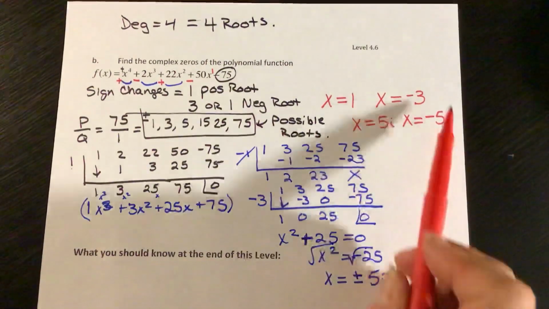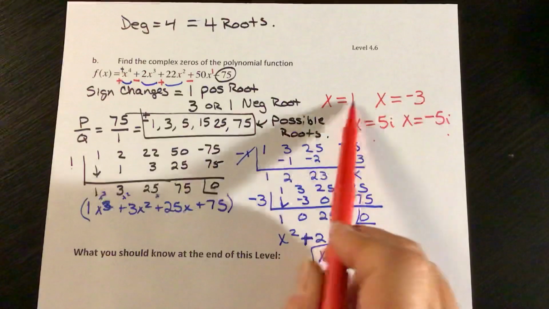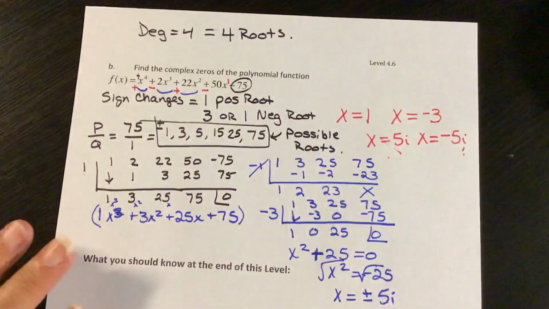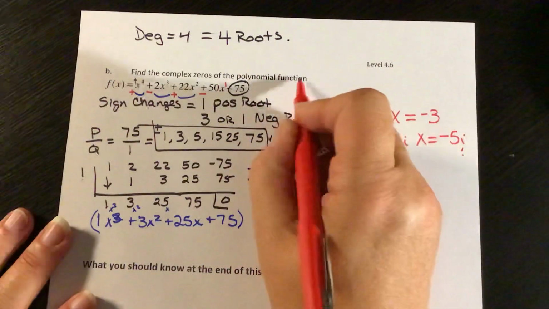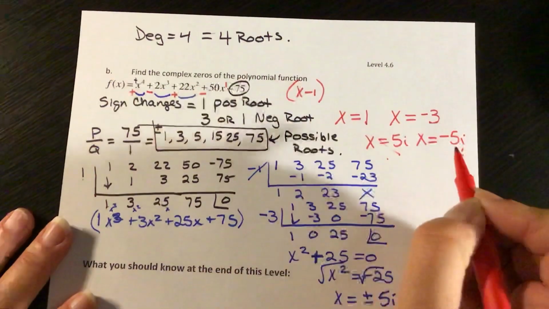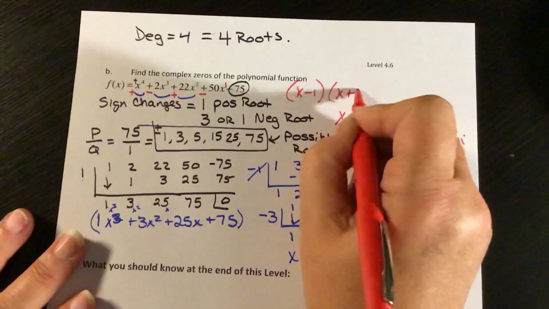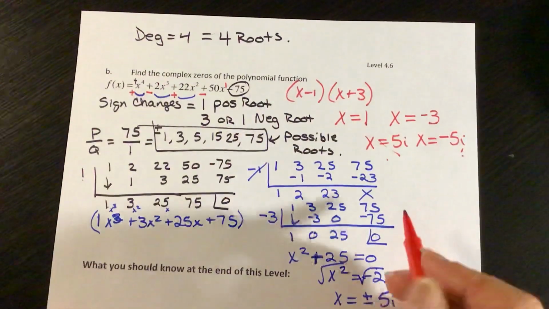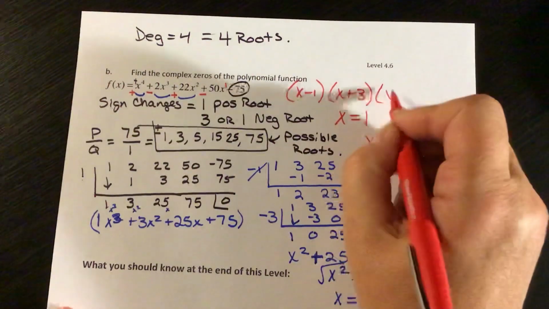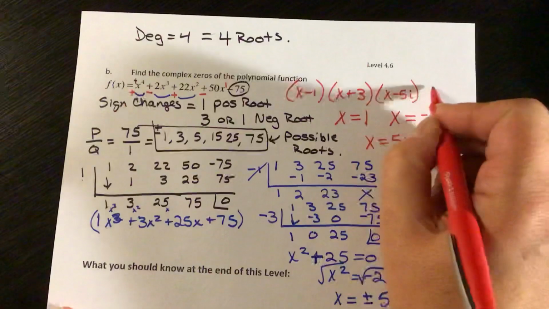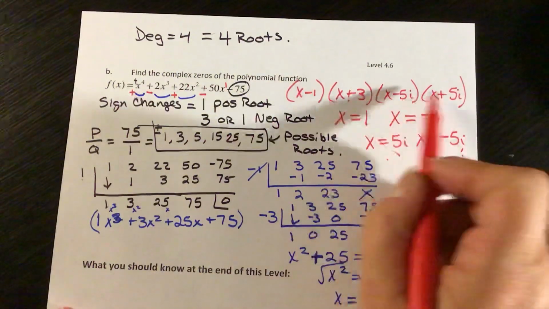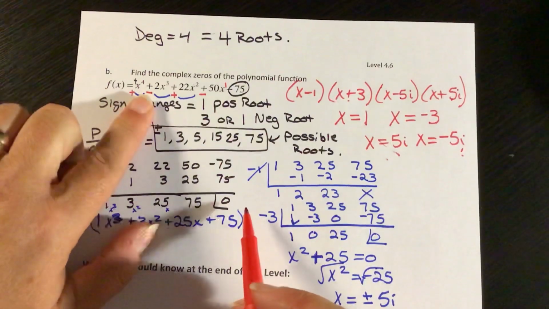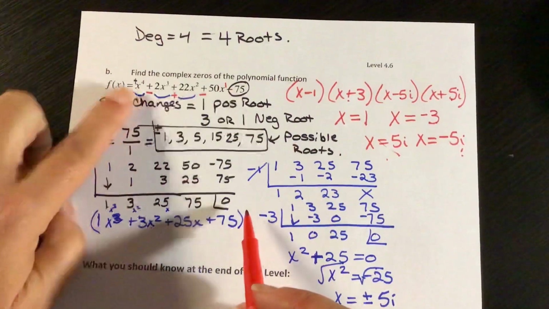And taking these 4 roots, I can now write my factors. So I am going to have x minus 1 is a factor, x plus 3 is a factor, x minus 5i, and x plus 5i. And these are my 4 factors that give me this polynomial.